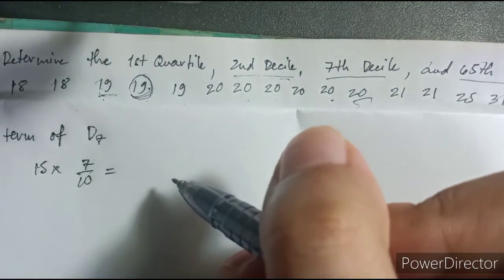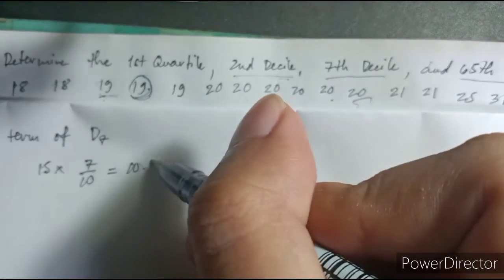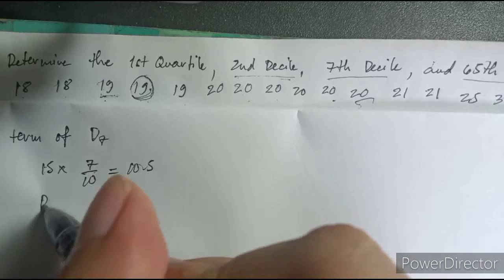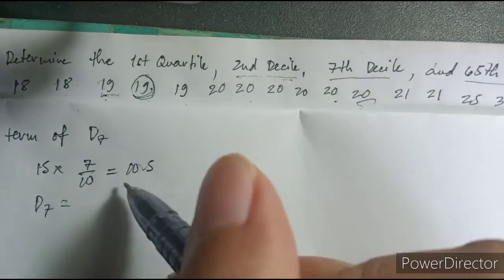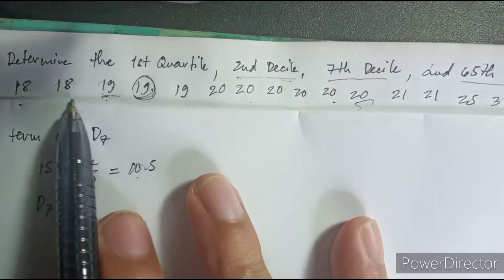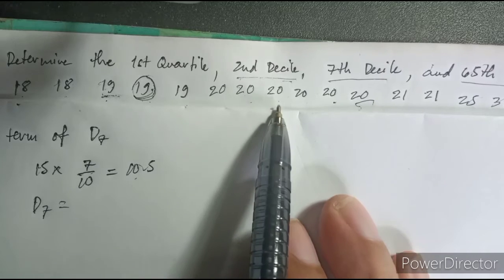That would be 105 over 10, which is 10.5. So for D7, we count up to the 10th term: 1, 2, 3, 4, 5, 6, 7, 8, 9, 10. Then take the next term. So we have 20 as our 7th decile.